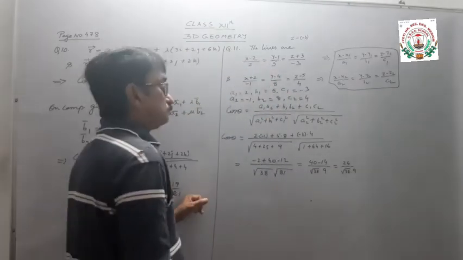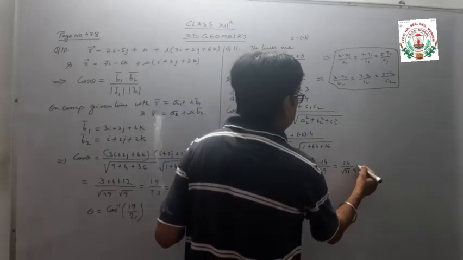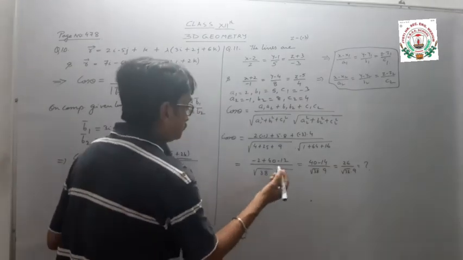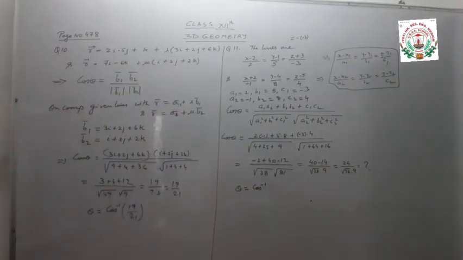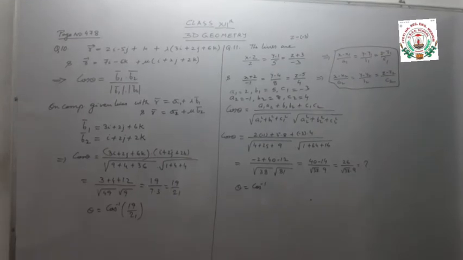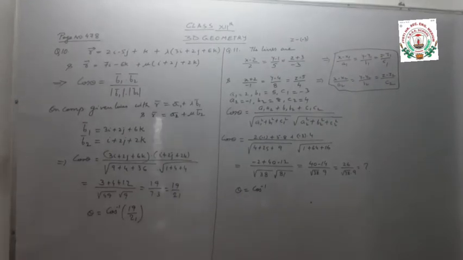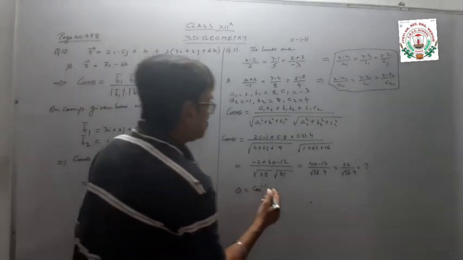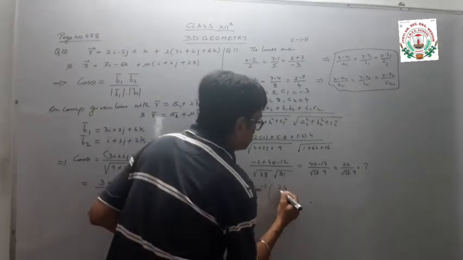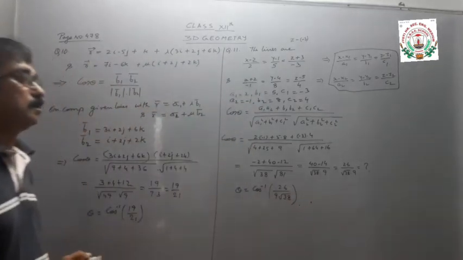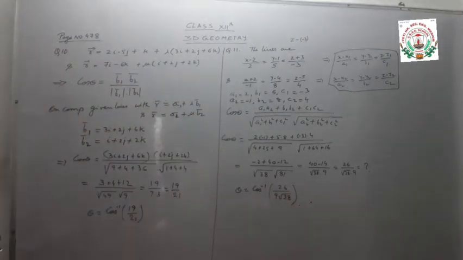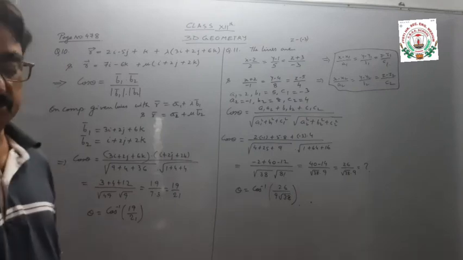So this is our expression, after that we can calculate it, whatever the value we get, theta is equal to cos inverse of it. So our answer will be cos inverse of 26 by 9 under root 38. So that is our answer. Now let's move to the next question.